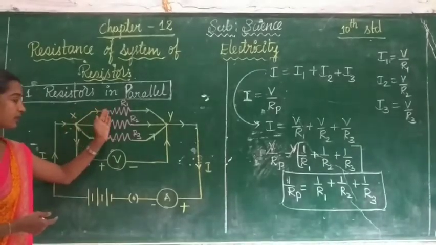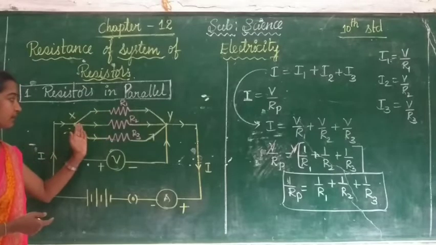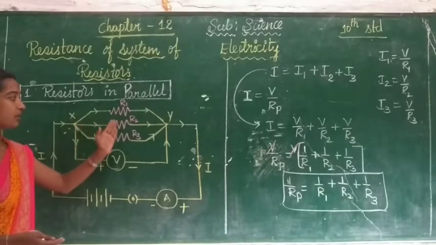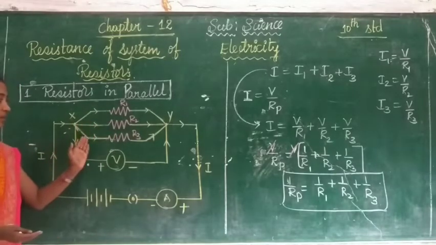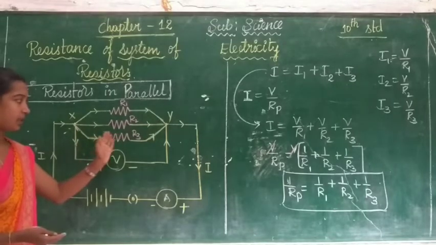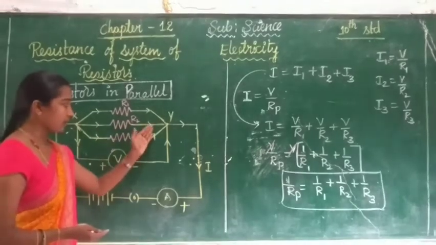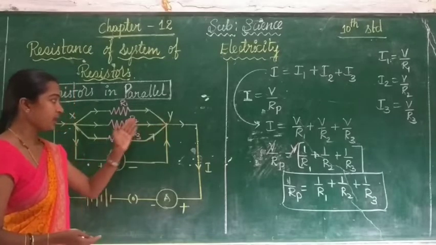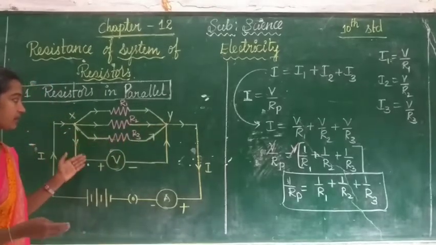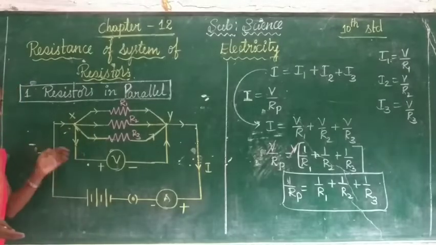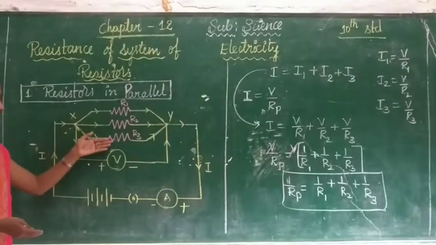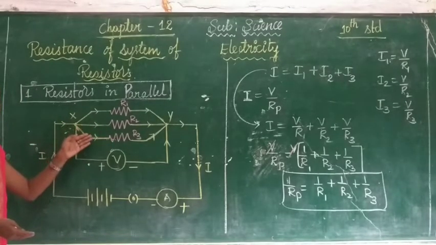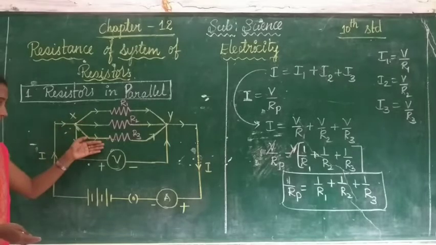Some amount of current goes to R1, some to R2, some is passed through R3, and after that it connects with Y. The current can be divided in three ways, as three resistors are used.